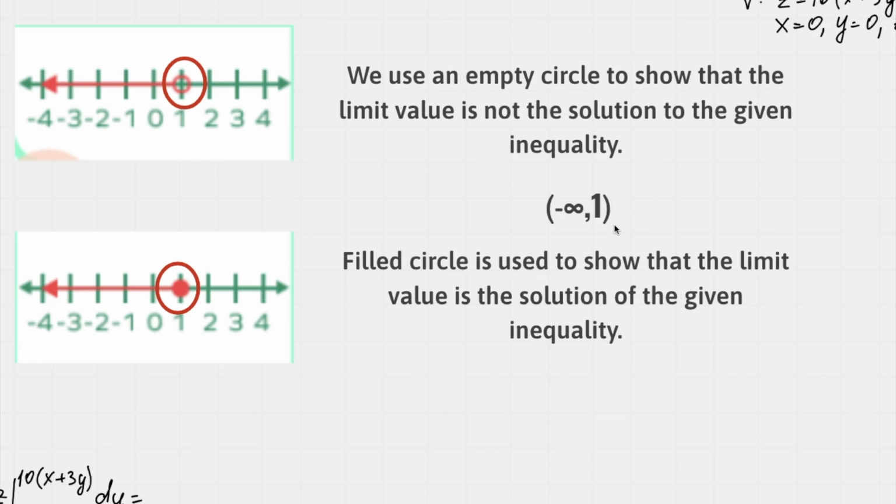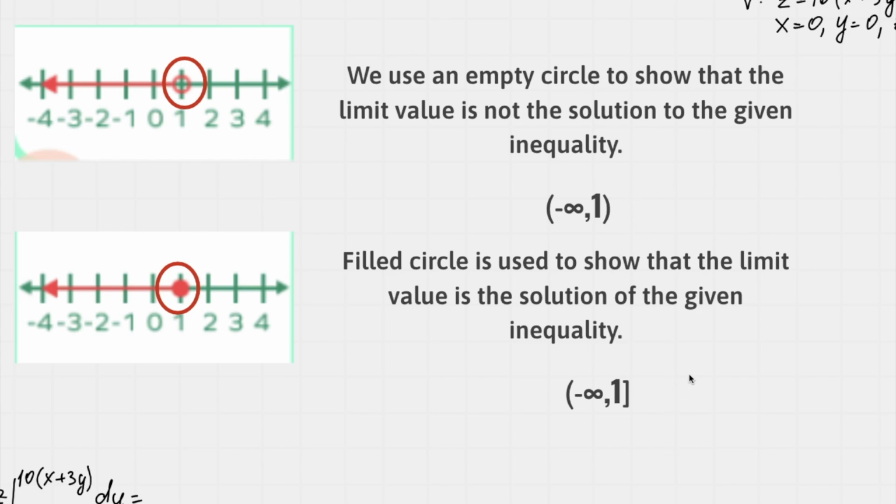Now, in the other case, well, it also goes to negative infinite, but then it stops at 1, and we know that x can be equal to 1, so we use a bracket instead. So it's easy to remember like this: parenthesis when it's opened, bracket when it's closed.